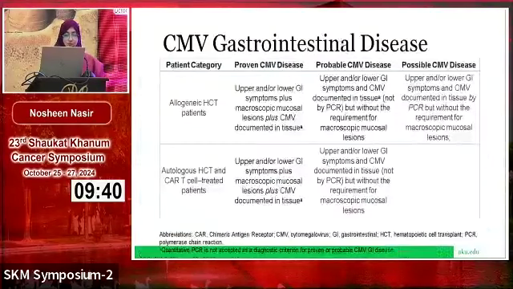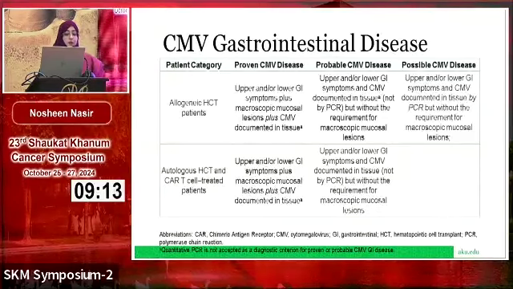organizations. Now, talking about CMV in gastrointestinal disease, it can involve any part of the GI tract. And for allogeneic hematopoietic stem cell transplantation, for proven disease, you have to have the symptoms plus endoscopic findings consistent with infection. So there could be ulcers, there can be erosions, plus you have to have documented CMV in the tissue biopsy.